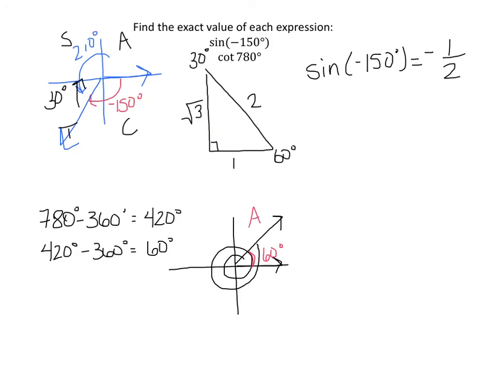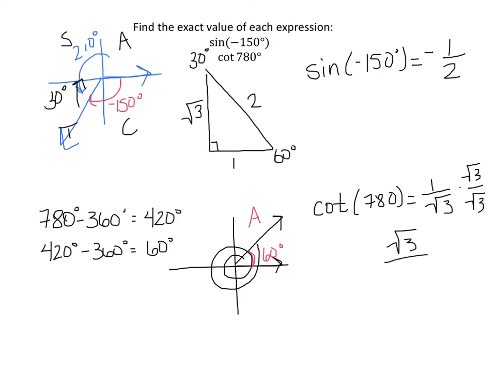So the cotangent of 780 degrees will be 1 over the square root of 3, which I then have to rationalize, and I get square root of 3 over 3.